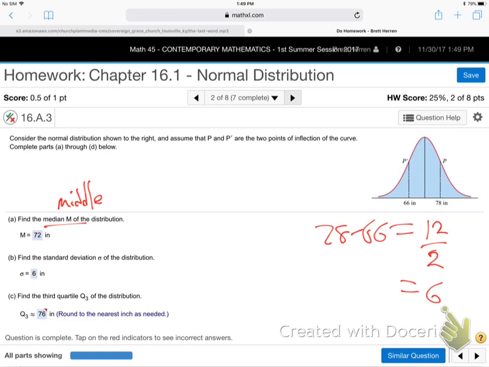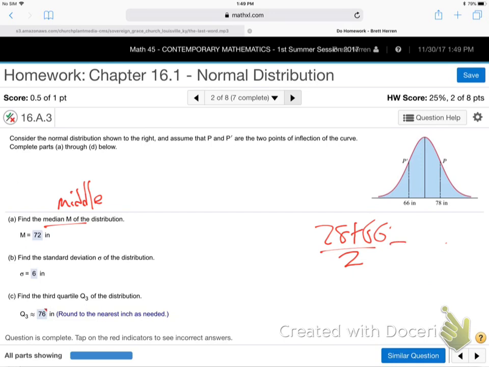There's another way, and that is, what if I said, hey, I got a 66 on an exam and a 78 on another exam? Average. That's another good way. How do you average two things? Add them and divide by 2. That's probably the quickest way. Your way's good too. Both ways are good. So let's just add them and divide by 2. That's probably the most direct way to find the middle of two things.